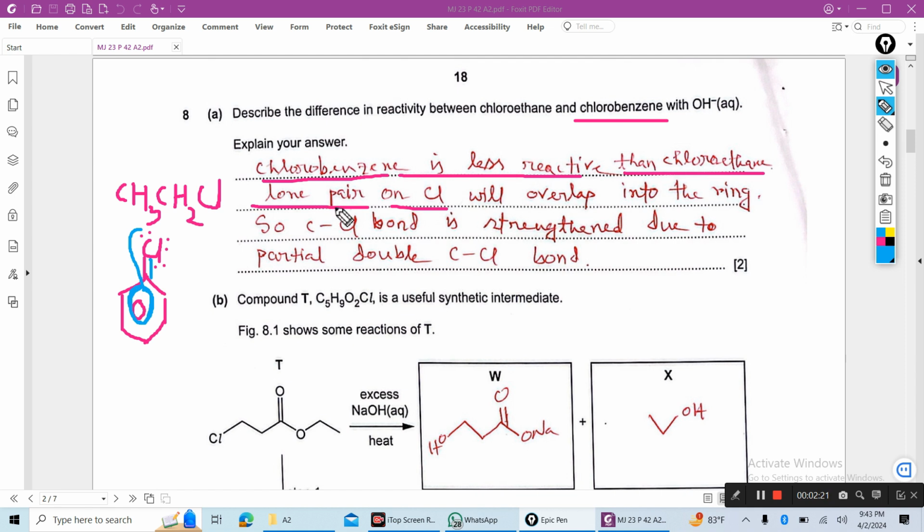So the C-Cl bond is strengthened. The C-Cl bond becomes stronger due to the partial double bond.